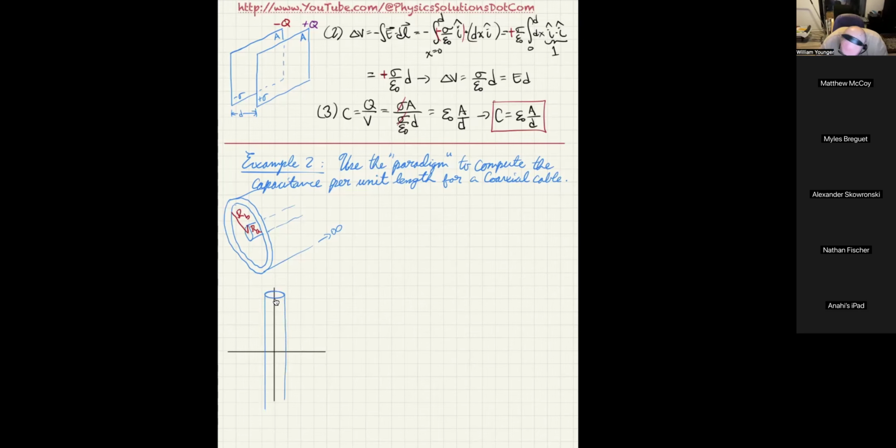And then there's another side over here, of course. And like I said, this goes to infinity that way, and this goes to infinity that way. And as I said, this is the radius RA.